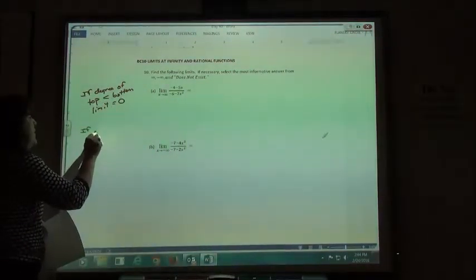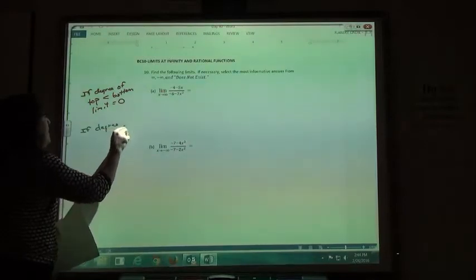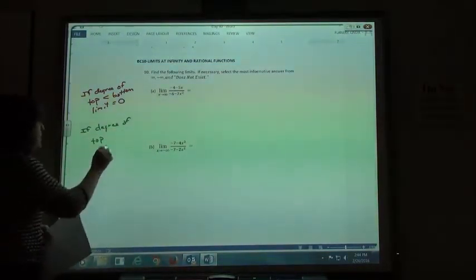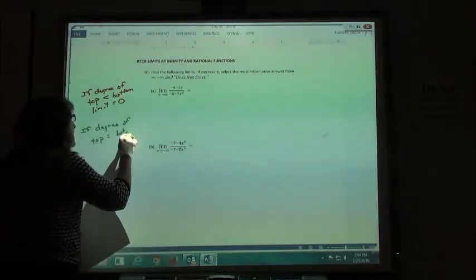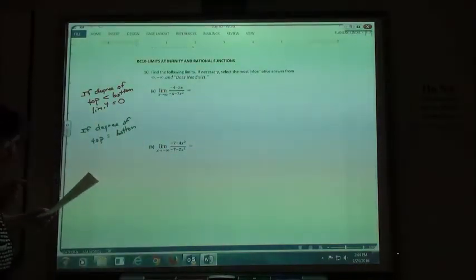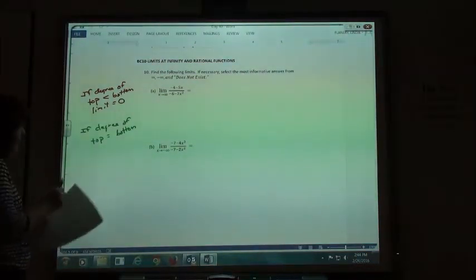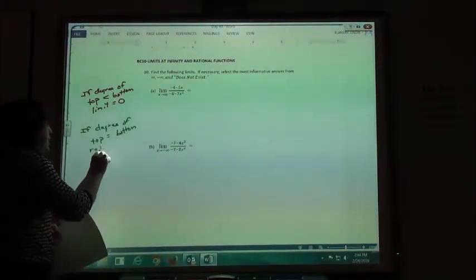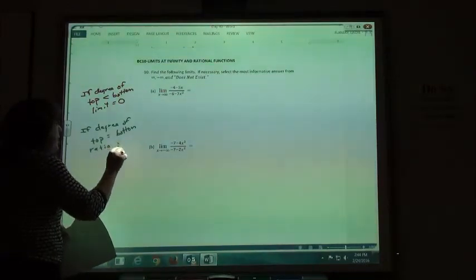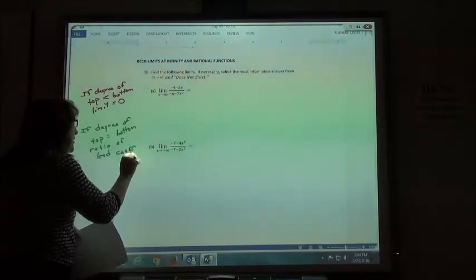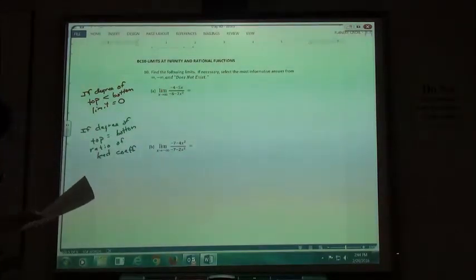If the degree of the top is equal to the degree of the bottom, then you're going to have the ratio of the leading coefficients. We'll get to that.